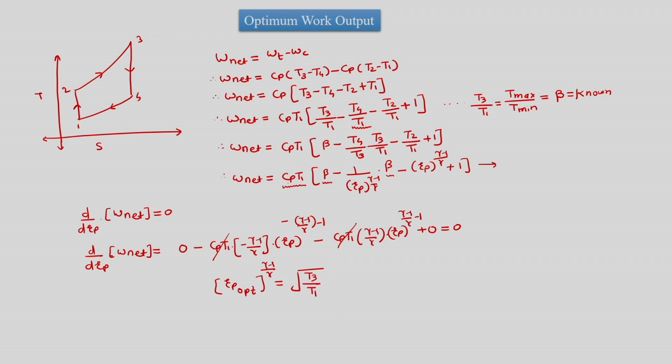Basically this is known to us, which is beta. So this is the condition for Rp optimum. If we know T3 and T1, then we can take the square root of that ratio, and that would be our optimum Rp, and that would lead to maximum net work.